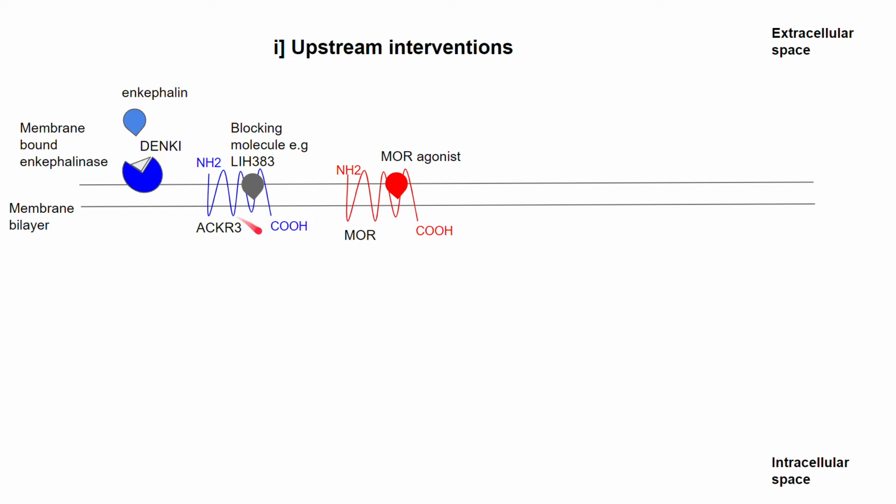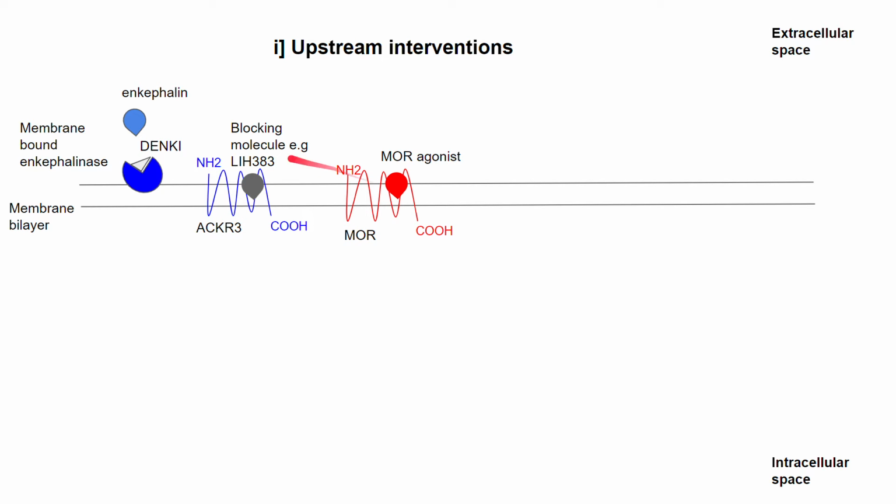And very similarly, there's this receptor known as atypical chemokine receptor 3, which is atypical because it's a chemokine receptor, but it also binds promiscuously to a lot of different opioid agonists. So it kind of basically acts to sequester them and take them away from the mu-opioid receptor.